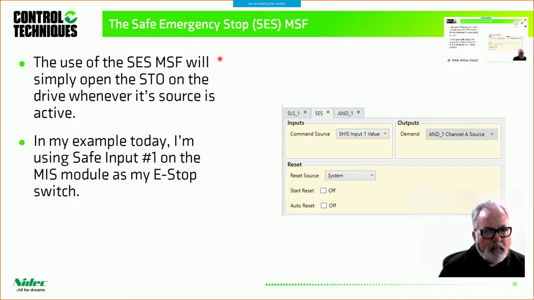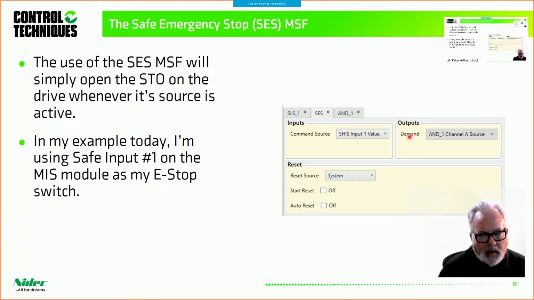Safe emergency stop. The safe emergency stop MSF will simply open the safe torque off on the drive whenever its source is active. So in my case, safe input 1 pair on the MIS module is being used as my safe emergency stop.